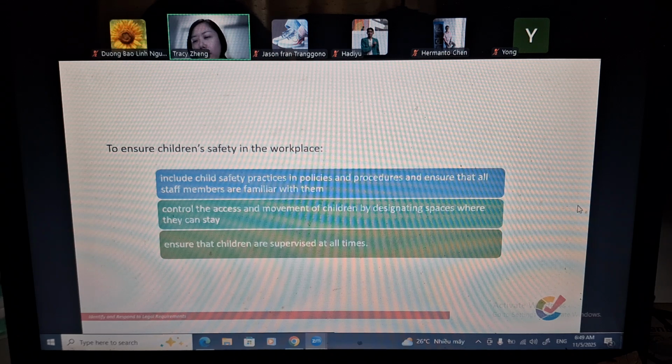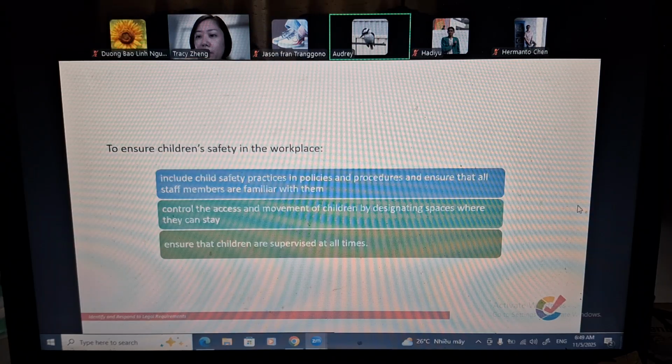I mean, in our workplace, in the aged care facility, any other area in the facility that should not allow little kids access? Kitchen, definitely. Anywhere else? The stair for fire escape.